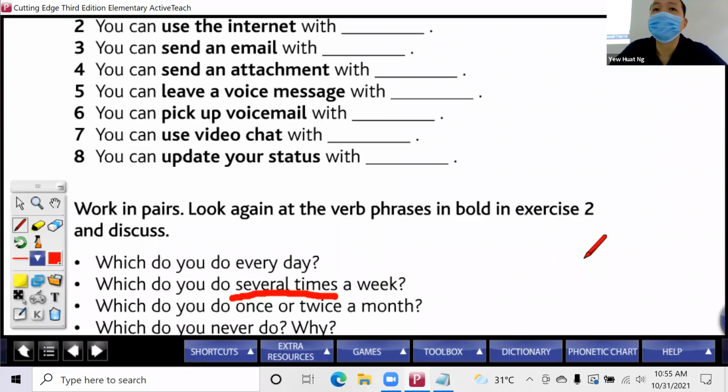That several times a week. Several times. How many times is several times? 3 to 5. More than 3.